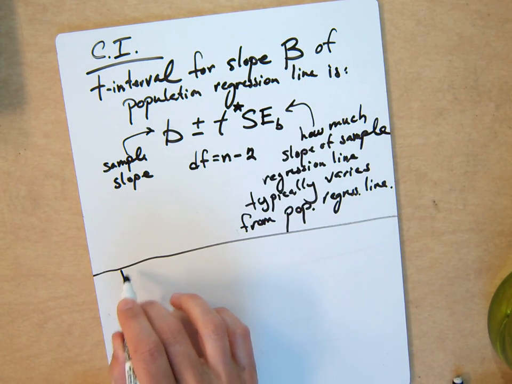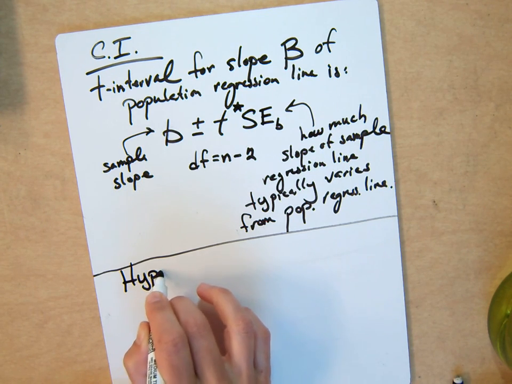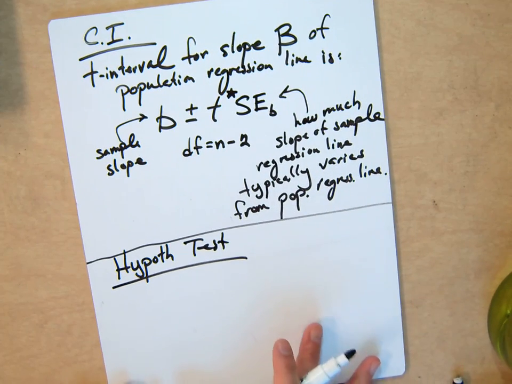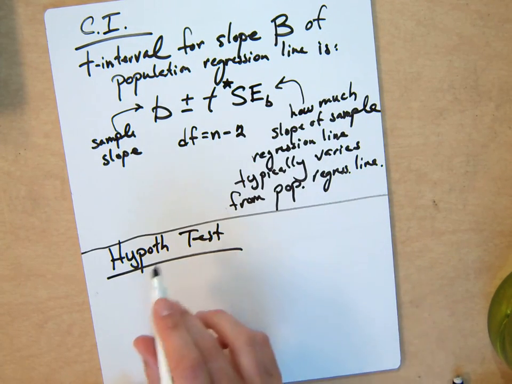And then on Monday, we'll use this one. We won't worry about it today. For doing a hypothesis test, here's the formula, so you'll have all the formulas in one place for this section.